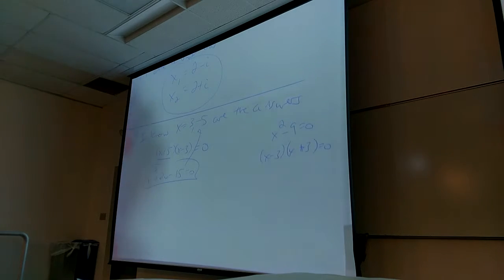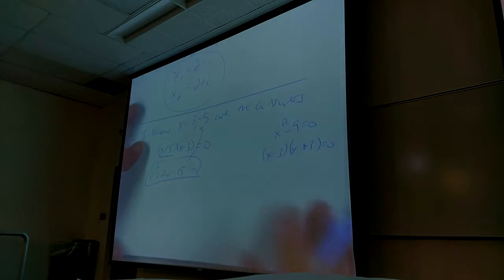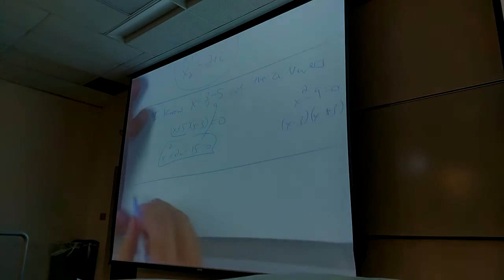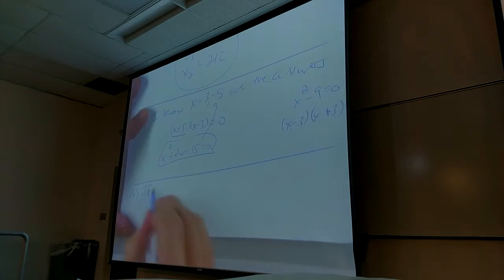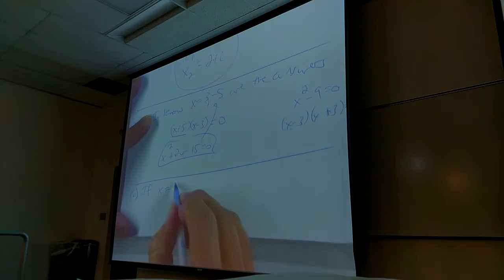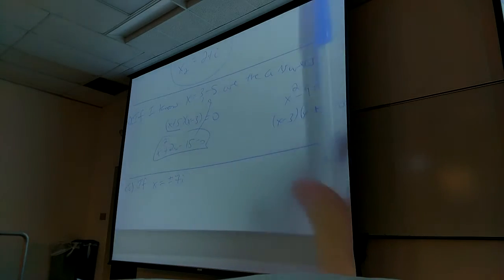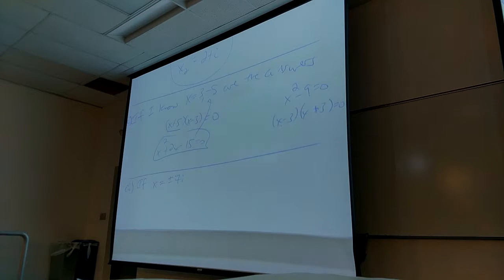So let's do one that's a little more interesting. What if x was plus or minus 7i? Don't say anything out loud. Try to figure out where that would have come from. What would the equation have to have been?